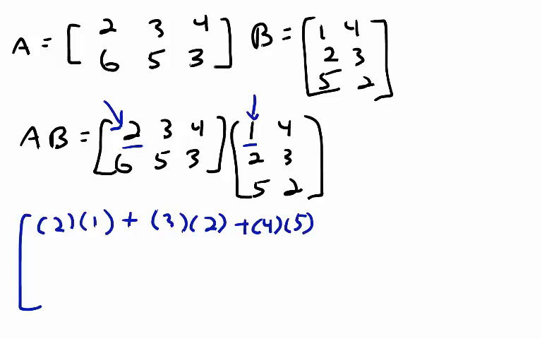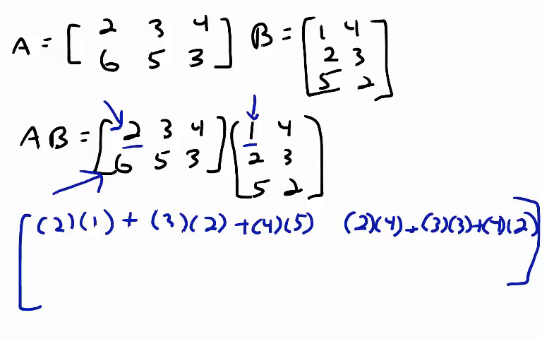Next, we'll multiply row 1 by column 2. This will give us the second entry in our matrix. So we have 2 times 4 plus 3 times 3 plus 4 times 2.